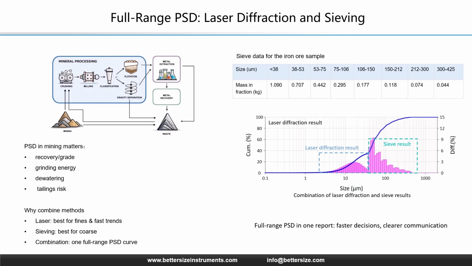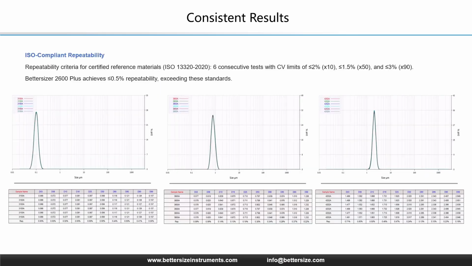unified, actionable report. We have discussed the optics, the dispersion, and the software automation. Now we verify the result. This is the proof of concept for the entire system. According to ISO 13320, a qualified instrument must maintain repeatability within 3% for the D90.